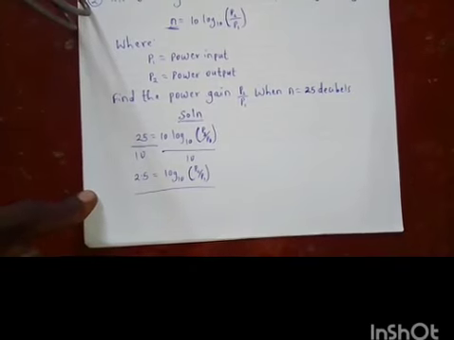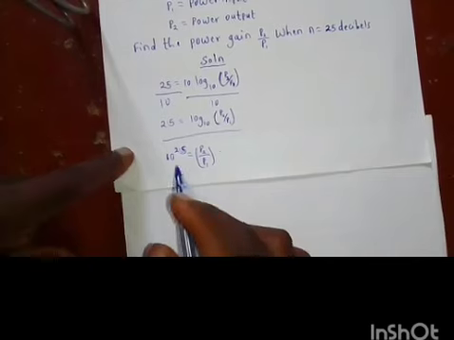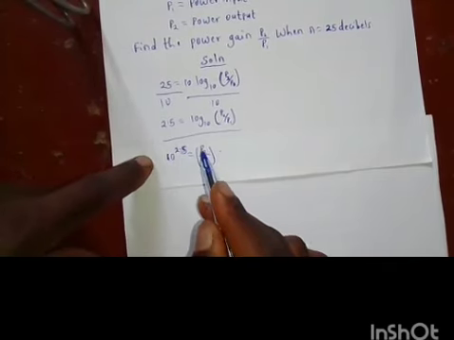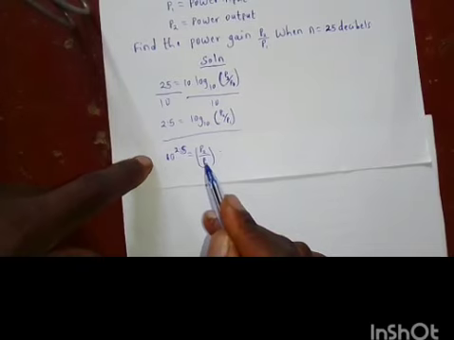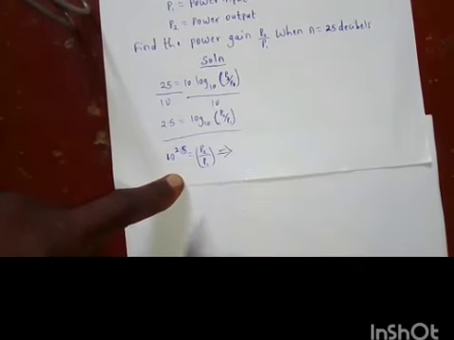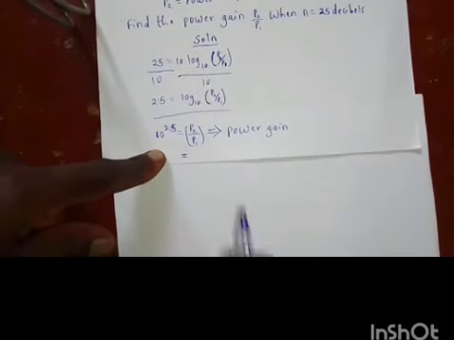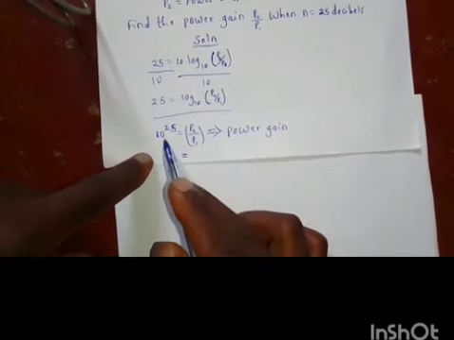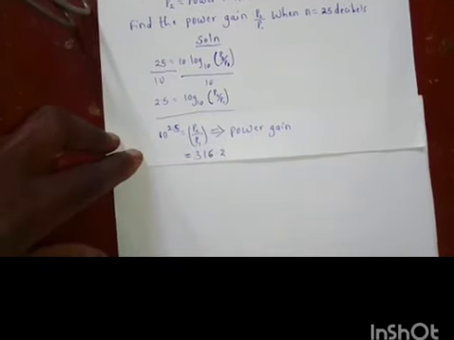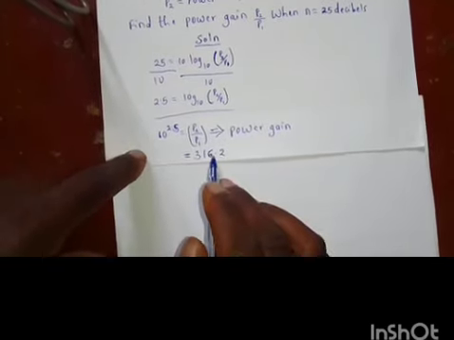So we have, in this form it becomes 10 to the power of 2.5 equals p2 over p1. And this is now the power gain. Solving it directly, it becomes 316.2.